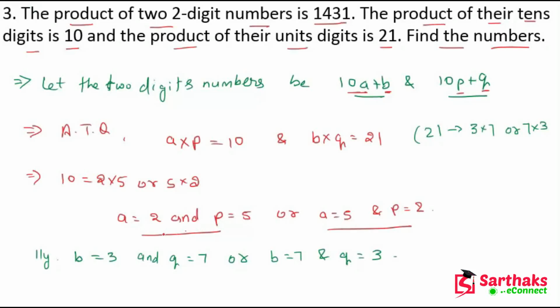So now we are putting the values of a, b, p, q into these digits. Here we have 10a plus b, and we have 10p plus q. In this case we are taking a is equal to 2 and b is equal to 3.